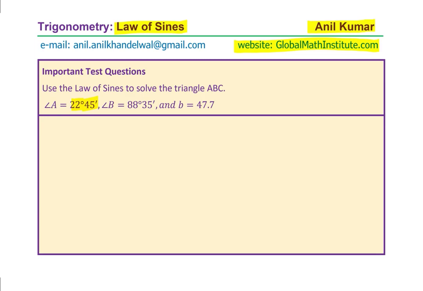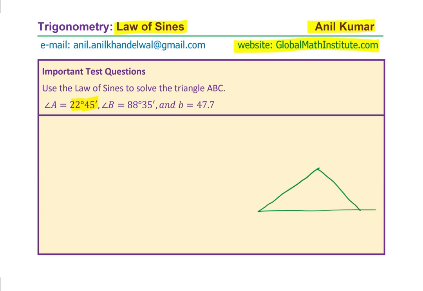You can always pause the video, answer the question, and then look into my suggestions. Let us begin by sketching the diagram. Angle A is 22 degrees 45 minutes, so let us make angle A, which is an acute angle. Angle B is 88 degrees 35 minutes, almost 90, slightly less.